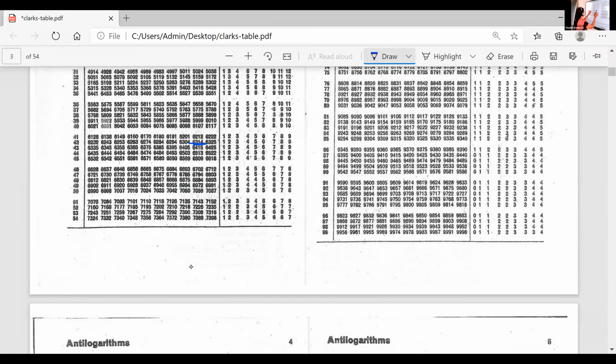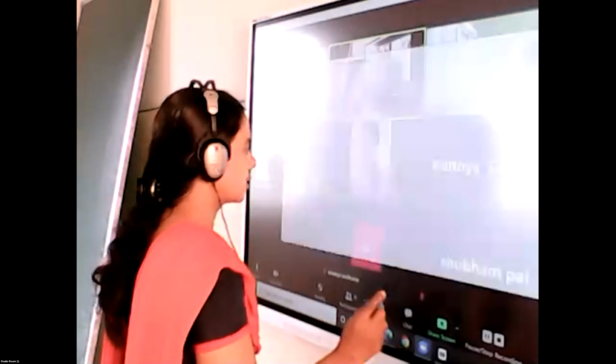One more number is there: the mean difference, 7. For the mean difference 7, you will get 7 itself. So 6314 plus 7. What is 6314 plus 7? 6321. So there we can write 6321.